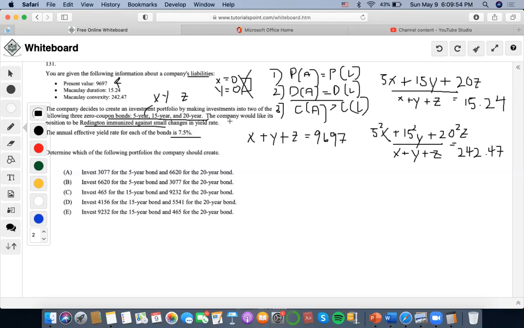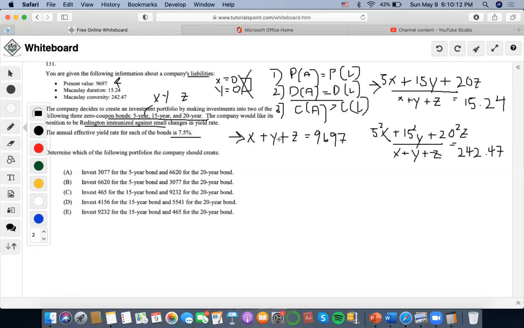So let's first test out setting y equal to 0 so we can find what x and z are equal to. We're just going to depend on simpler equations by using the present value equation and the duration equation.